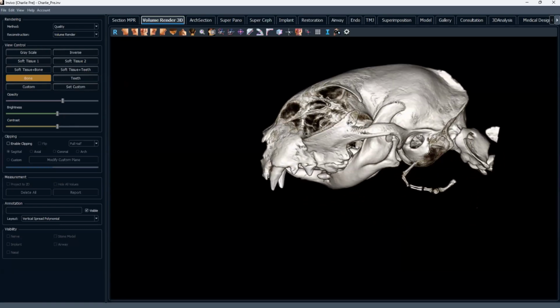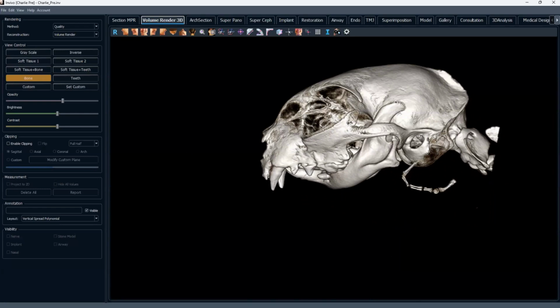You want to avoid making a diagnosis of the quality of the bone solely from 3D. You don't want to diagnose periodontal disease solely from your 3D renderings, because you're going to get misled. The software has to decide when to render bone and when to leave it out, and it's somewhat subjective, and you can change that by using different filters and sliders.